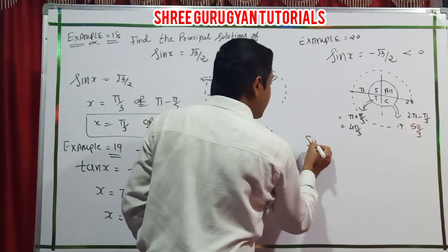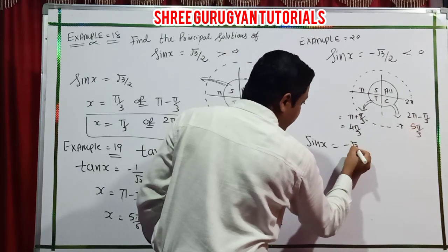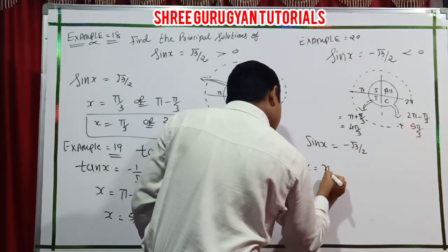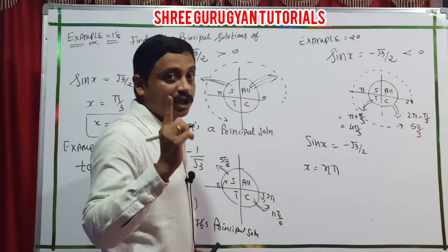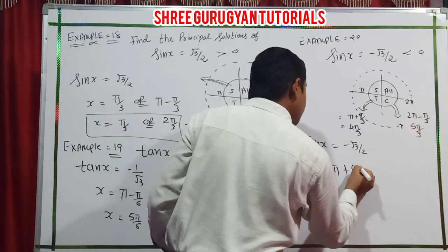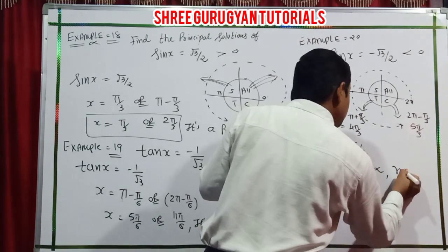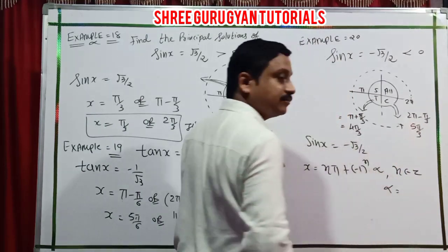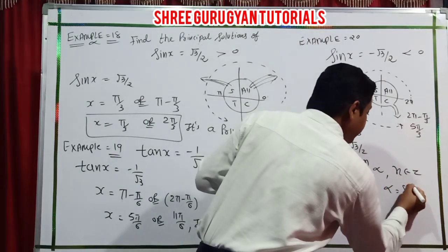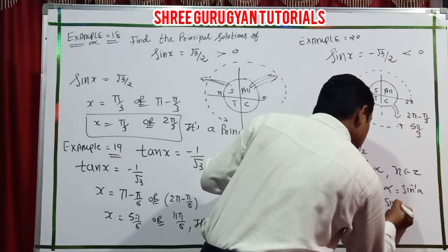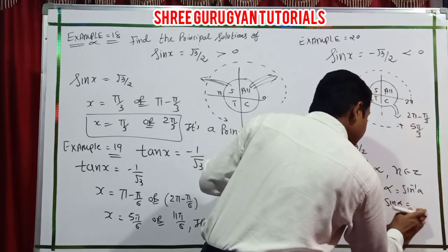So for sin x equals minus root 3 by 2, my solution is n pi plus minus 1 to the power n into alpha, where n belongs to z, and alpha is sin inverse a, that is sin alpha equals a.